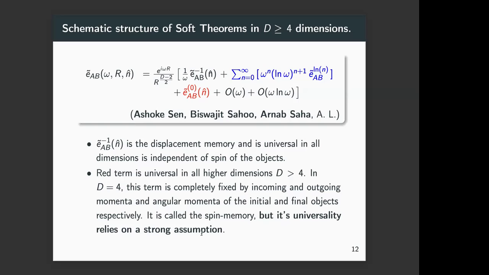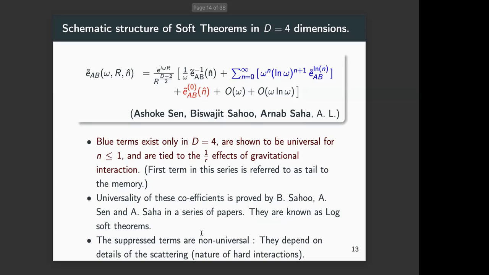In 4 dimensions, if you really look at generic scattering, it no longer remains a universal term. But the blue terms are interesting because they only exist in 4 dimensions. They have been explicitly shown to be universal if you consider the first 2 terms, which is n equal to 0 and 1. They are tied to simply the long range effects of the gravitational radiation.